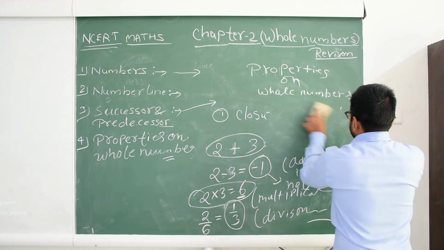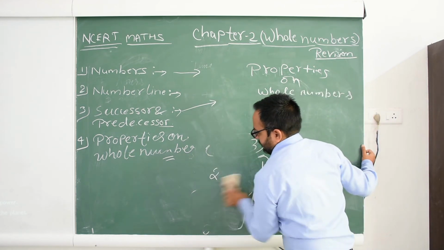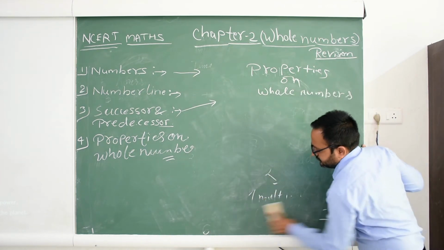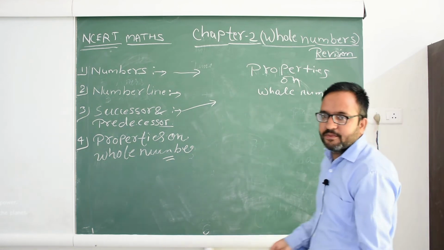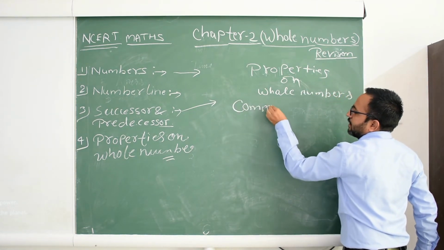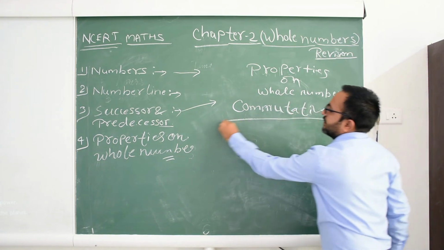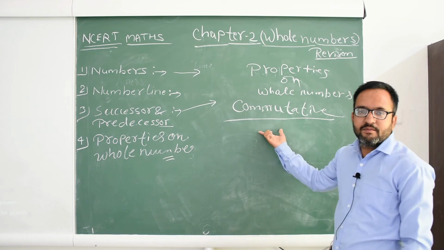Now another property is commutative property. Okay, what is commutative property?